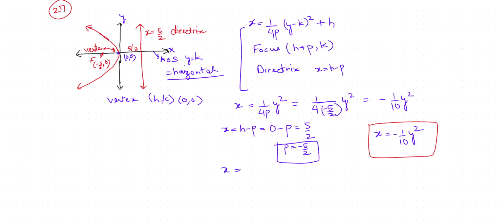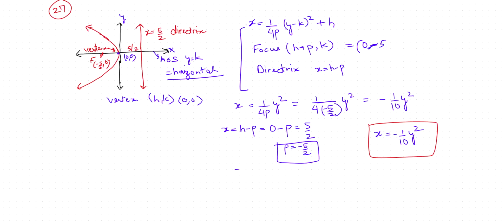We can find it with this equation also. So sorry, the focus is h plus p. So p we got was negative 5 by 2. So 0 minus 5 by 2 comma 0.